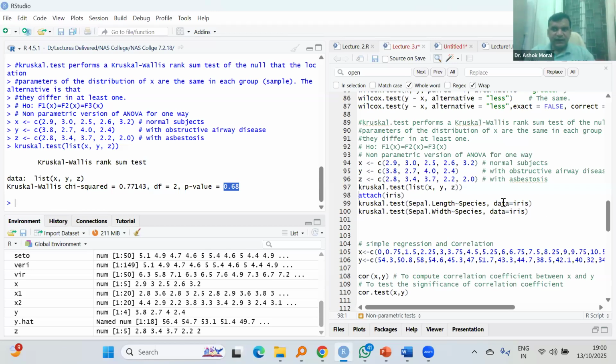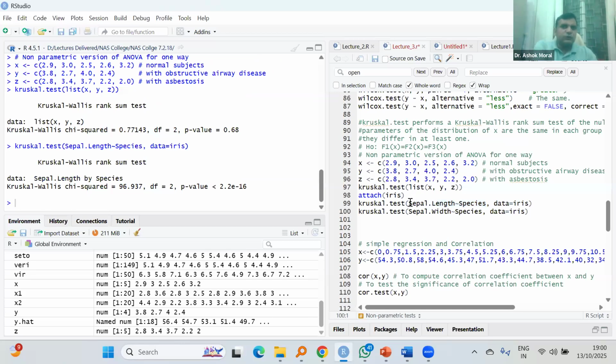You can see that Kruskal-Wallis rank sum test, the name is kruskal.test. So we have used the data of sample length which has the three categories corresponding to species.